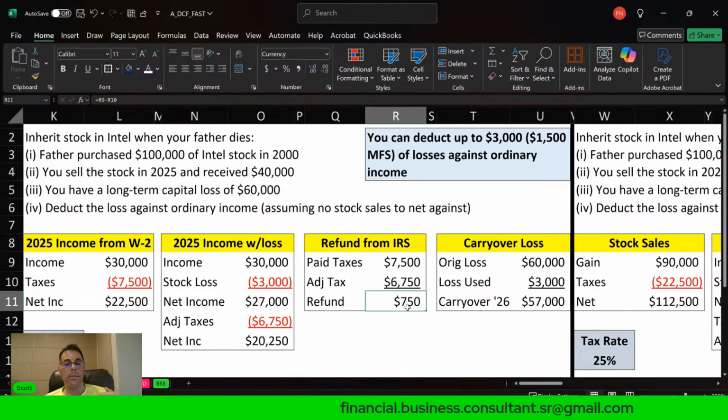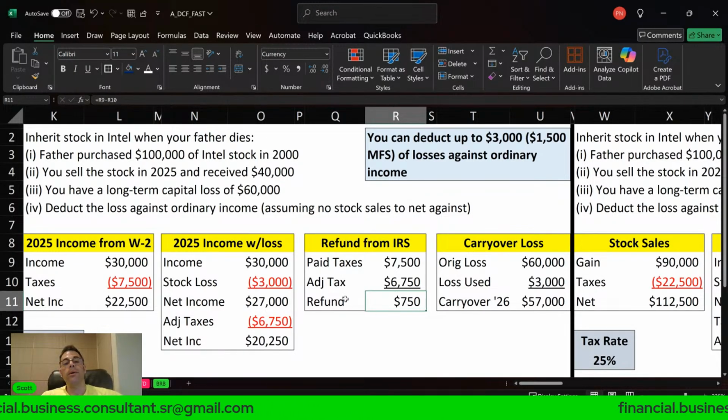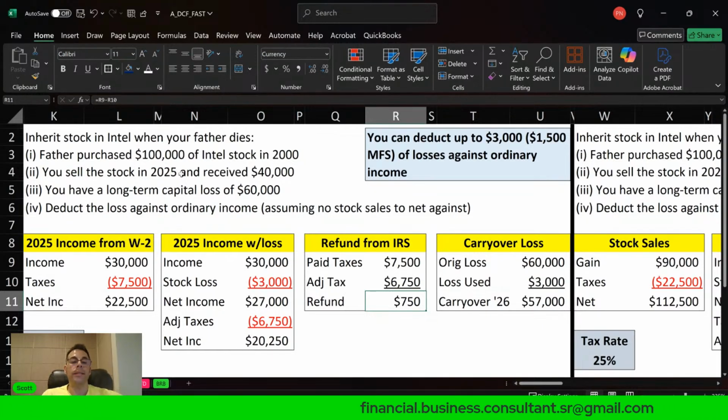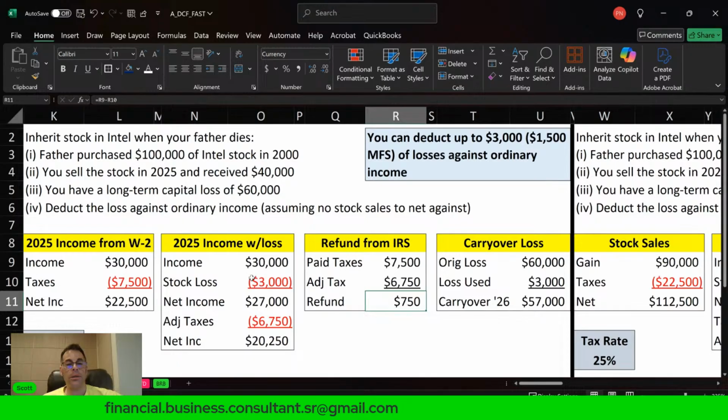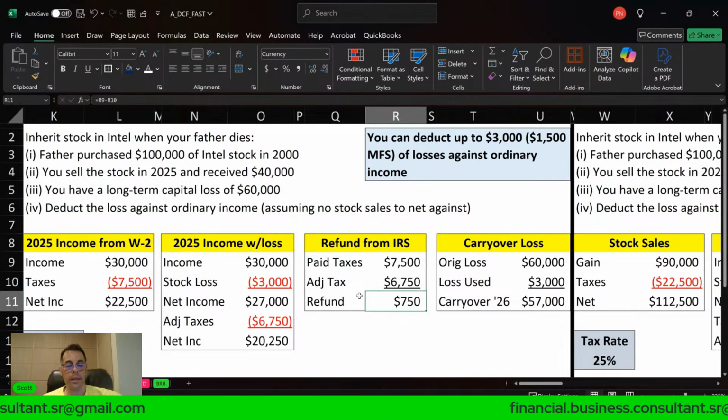And then the IRS mails you a check for $750, and that's your refund. Like if your father did not die or died and did not give you any stock, you wouldn't have received this $3,000 deduction, and you wouldn't have gotten this $750 check in the mail, but you did.